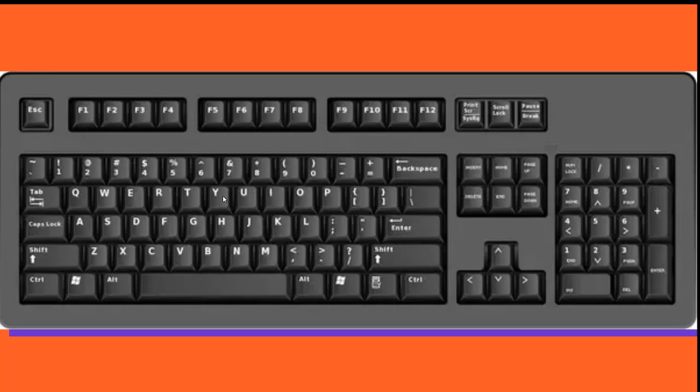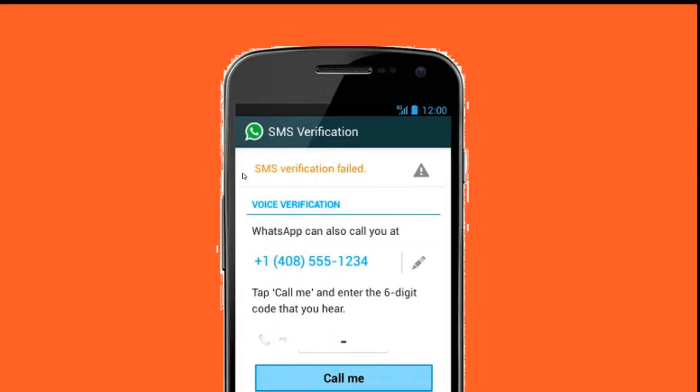So there's a reason why it is kept like that. The arrangement is kept like this, and you cannot change it. Of course there are other formats, but the very common keyboard pattern is QWERTY. So again, there's an order.